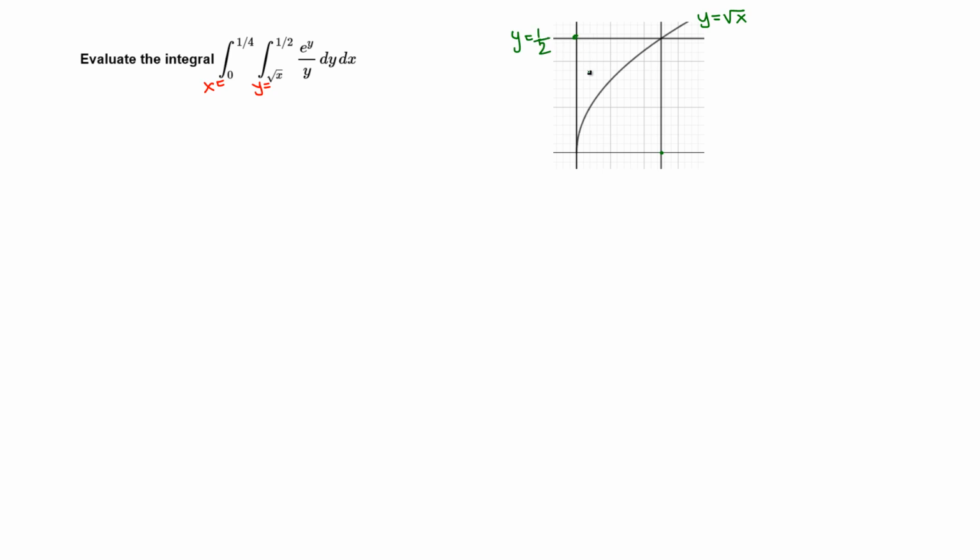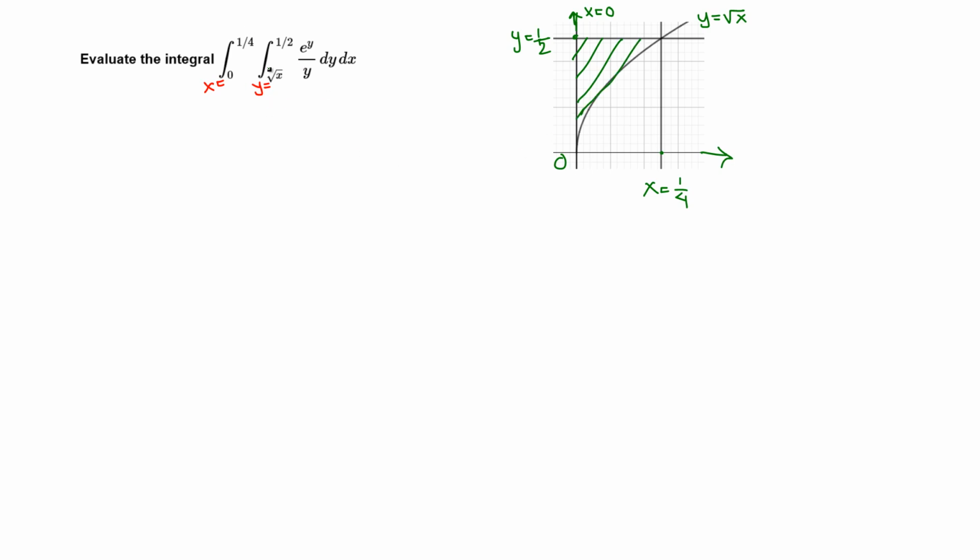This point is 1/2, this is the origin, the x-axis, and the y-axis. And x equals 0 is the y-axis, and x equals 1/4 is a vertical line at 1/4. So basically this integral is over this region.